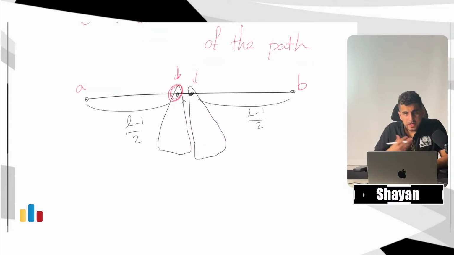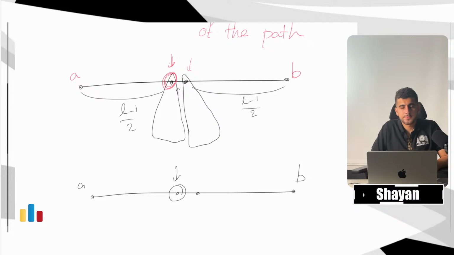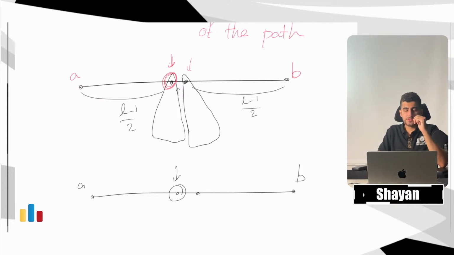So anyway, X is going to be the middle vertex of the path from A to B, and if there were two middle vertices, Mitsuki will return the one that is to the left of the other one. It will return the left middle vertex.